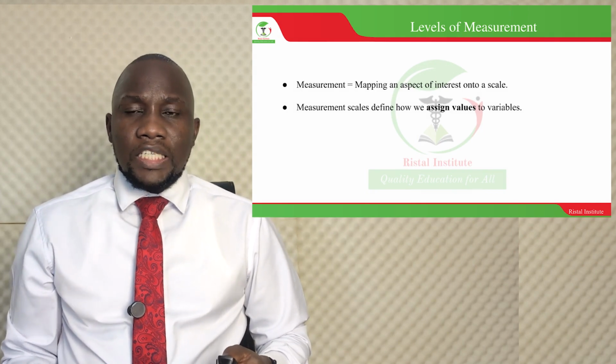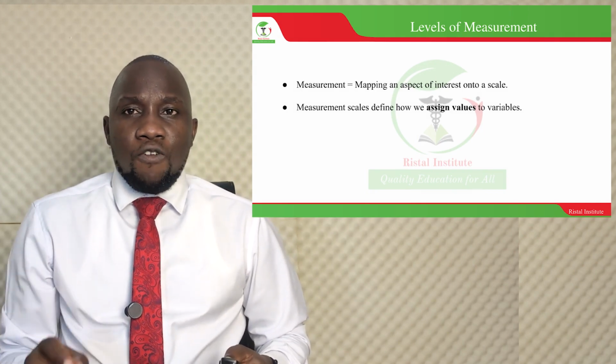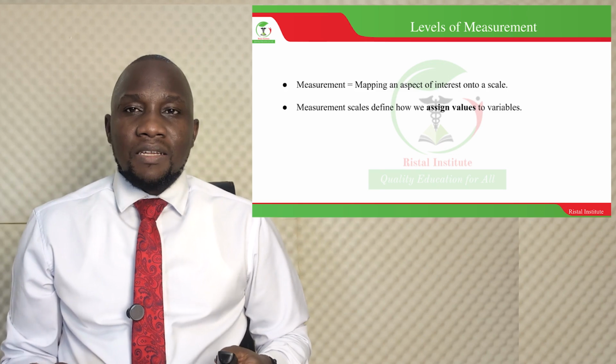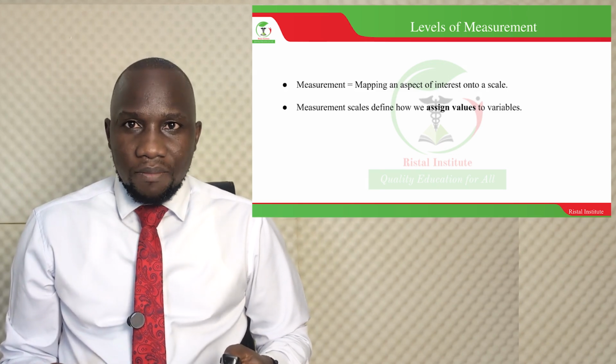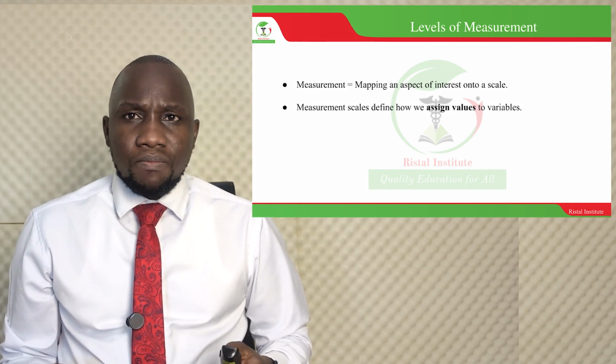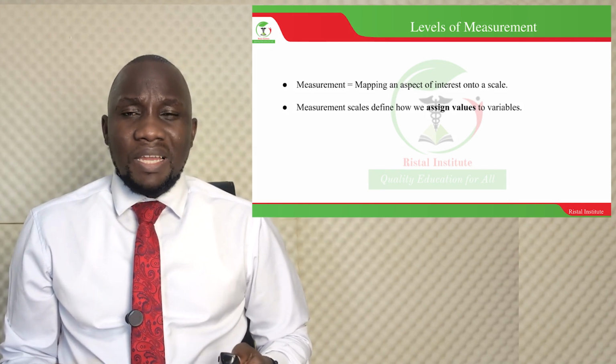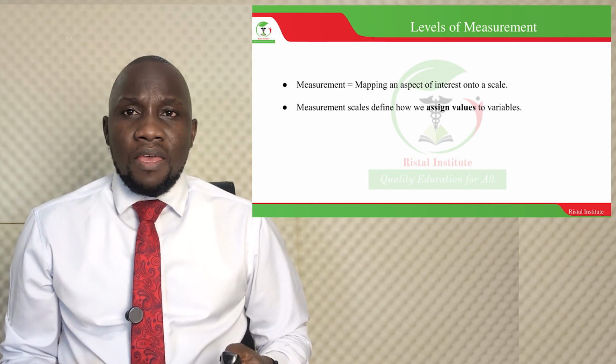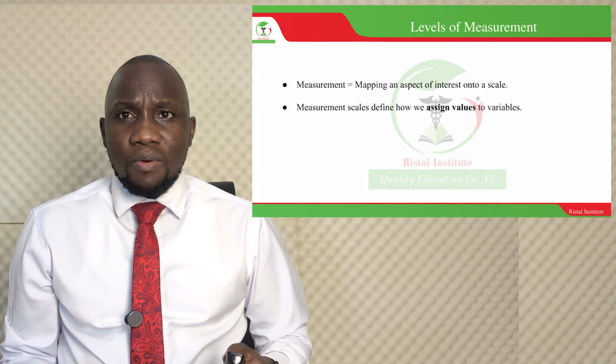So, for any characteristic or any variable that we are dealing with, we have to assign a figure to that variable. Measurement is about determining which figure we should assign to that variable.